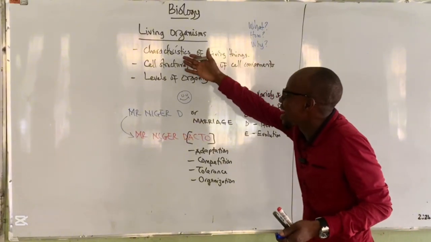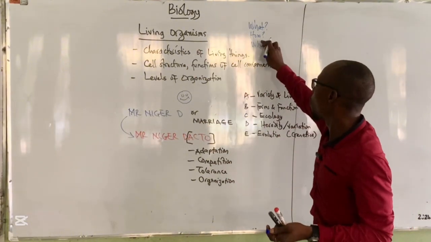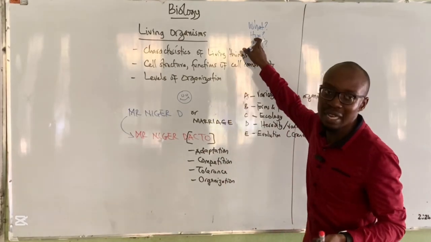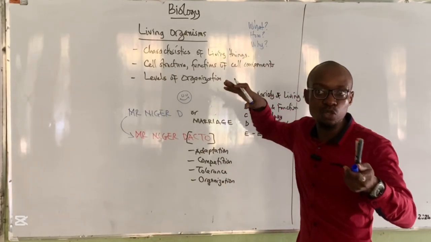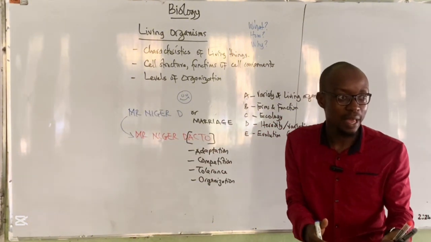So what are the characteristics of living things? It's on the board. How are some things done in science? We give attention to it. That leads us to the experimental part of biology. How is it done? The method.